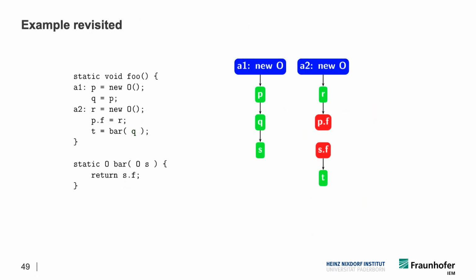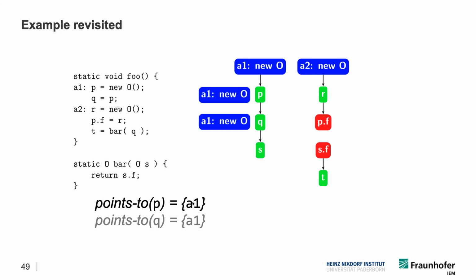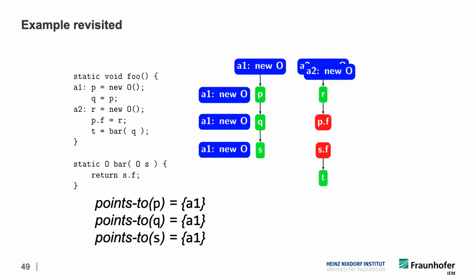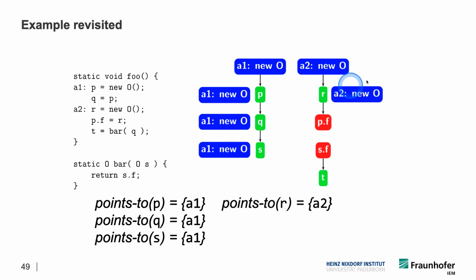Now, if we take a look at the example again, you will see that the example by this change now will actually work. So first of all, here we are propagating this allocation site to here, which means the points-to set of P at this point now contains allocation site A1. Then we're propagating this also to Q and to S. Okay. Now the same will happen on the right-hand side.